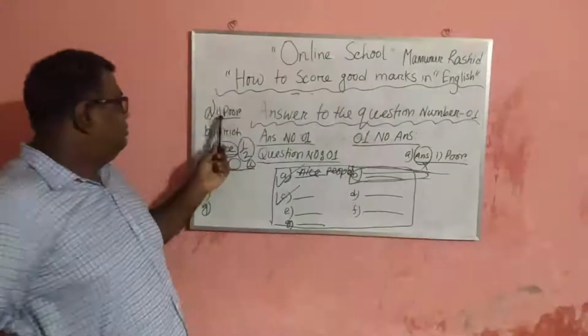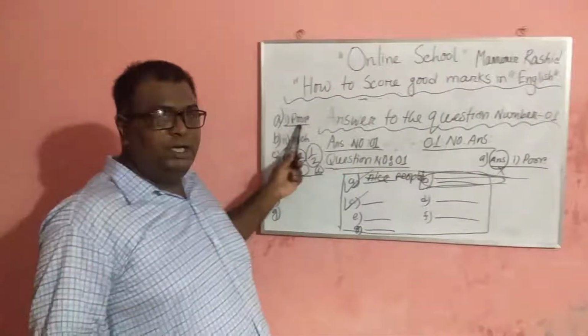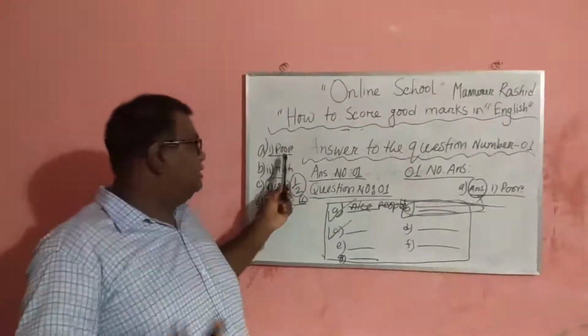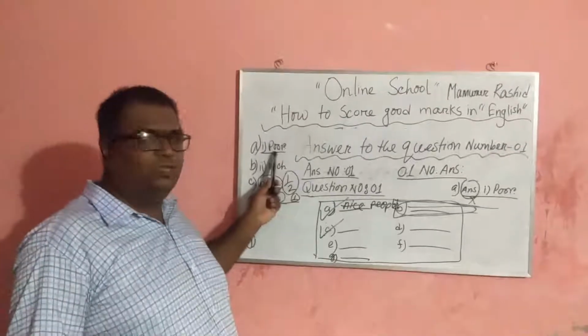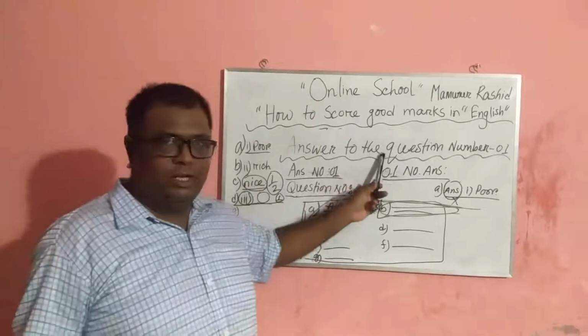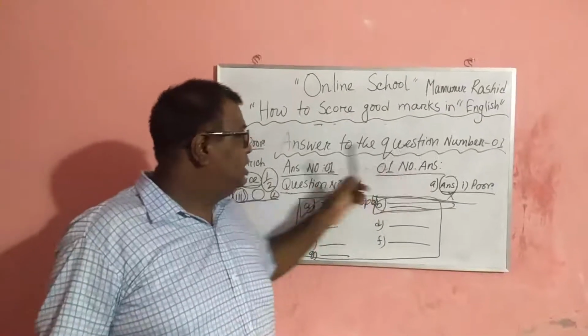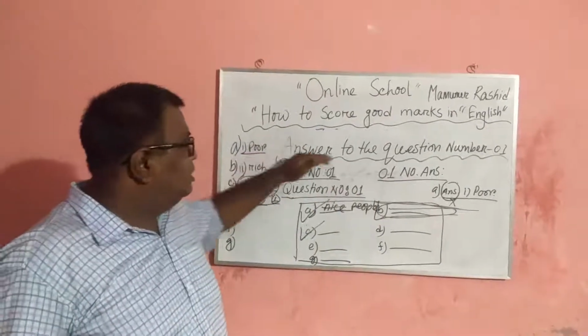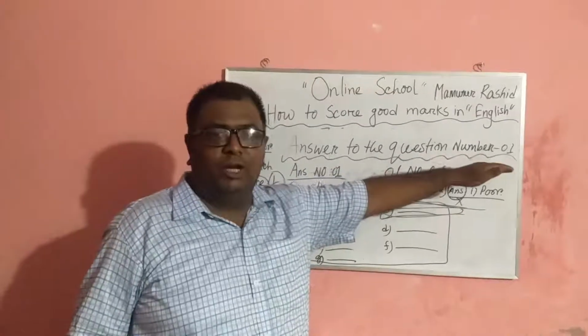But if you write like this, if you have any wrong word, you think that the word is wrong, then you can write another word here, you can write another word here, you can write here another. That means you have got enough space to write your correct word.